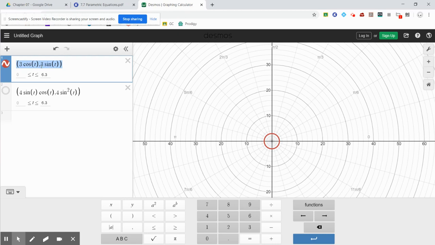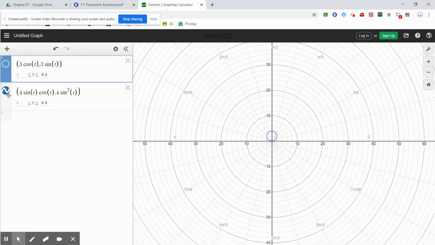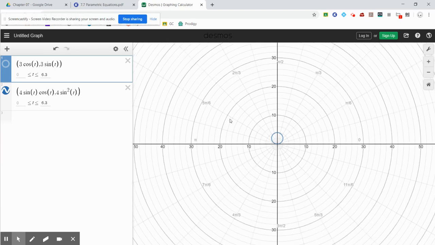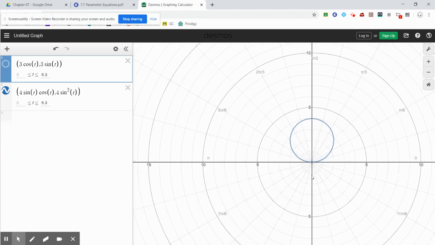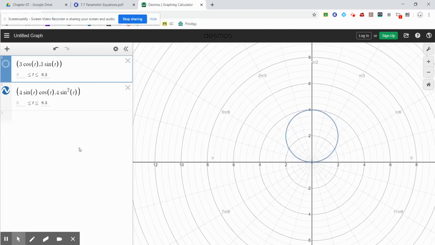Then just graph it, and you see you have a circle, which is the same thing as r equals 3. The second one did the same thing. You had 4 sine theta cosine theta, and then 4 sine squared theta, which was also a circle that had been translated up, looks like 2 units. Notice I graphed from 0 to 6.3, which is about 0 to 2 pi. And that's how you graph by using Desmos.